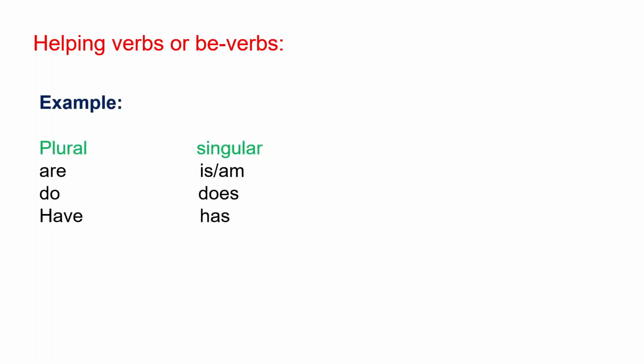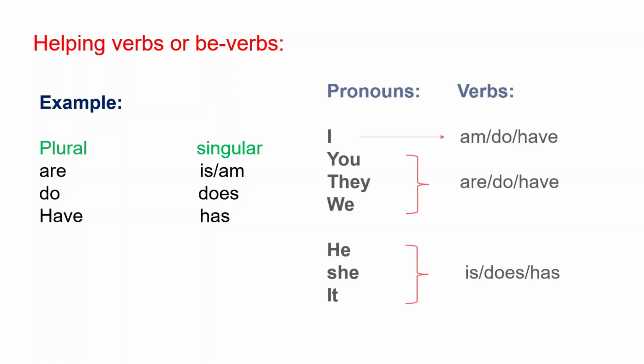We have helping verbs or be verbs. For the plural be verb are, the singular form is is or am. Do, does, and have, has. Remember these pronouns: I, you, they, we, he, she, and it.